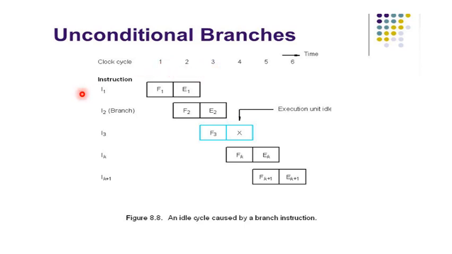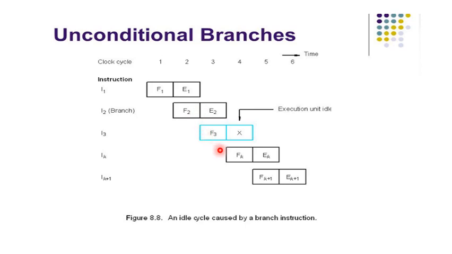The instructions I1 to I3 are stored at successive memory addresses, and I2 is a branch instruction. Let the branch target be instruction IK.